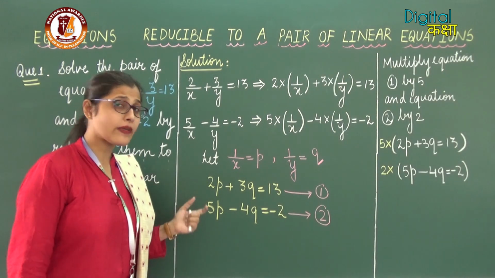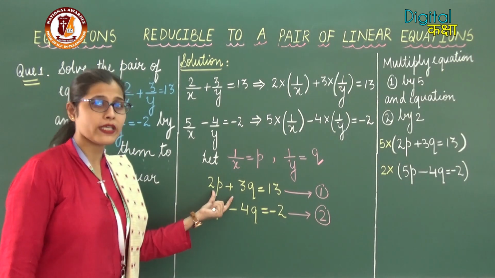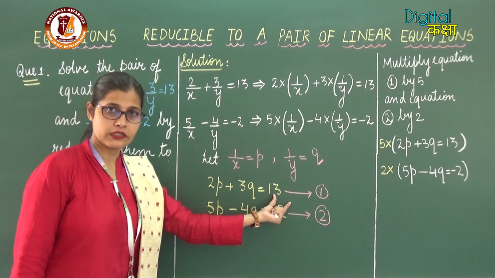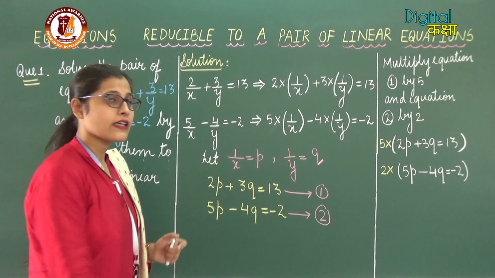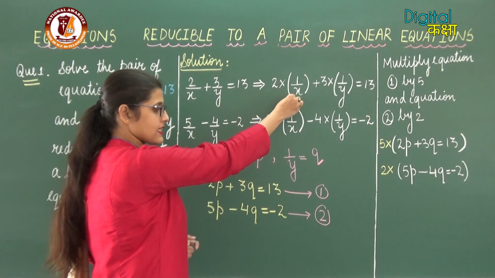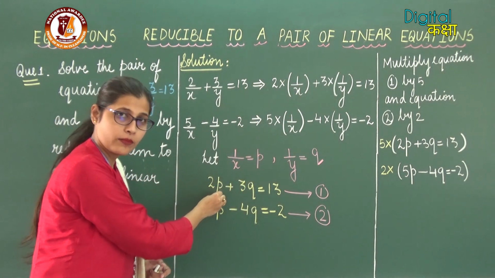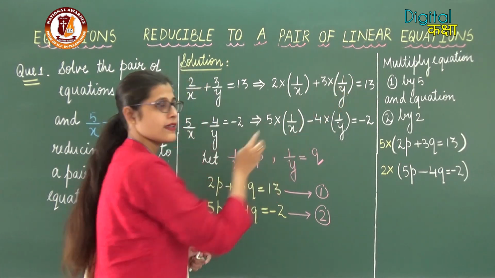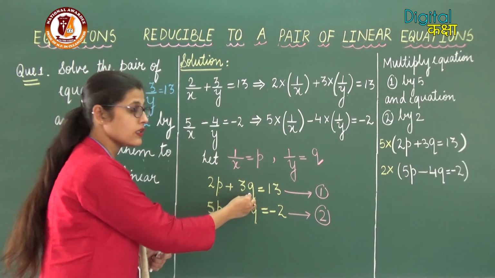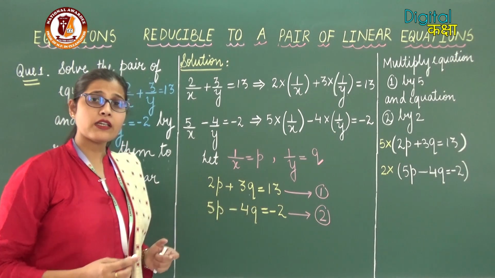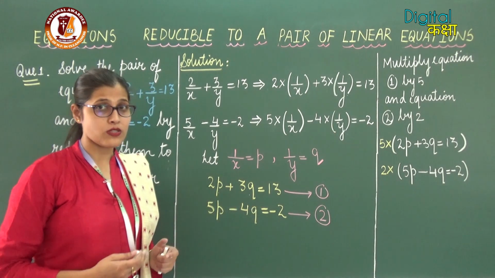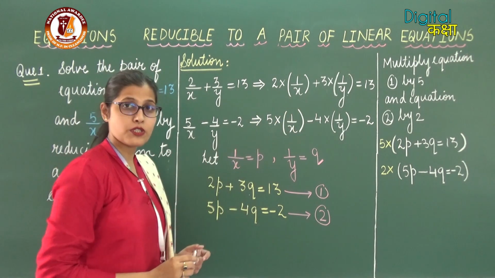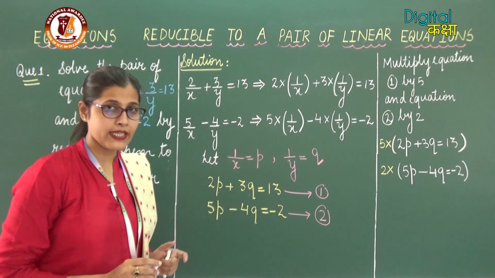So, it will be written as 2p plus 3q equals 13, which means that in place of 1 upon x I am writing the variable p and in place of 1 upon y I am writing the variable q. Similarly, for the second equation also, in place of 1 upon x I will be substituting the variable p.